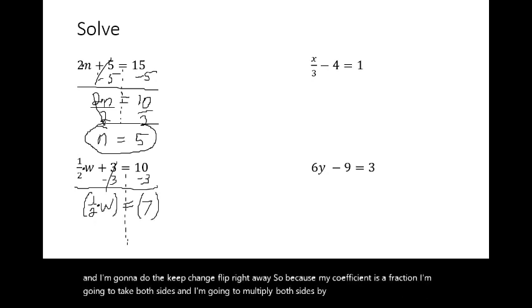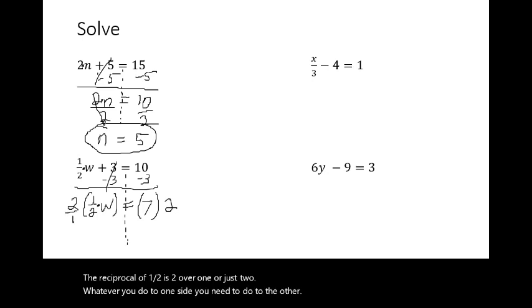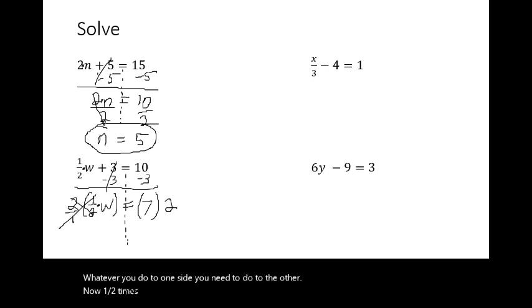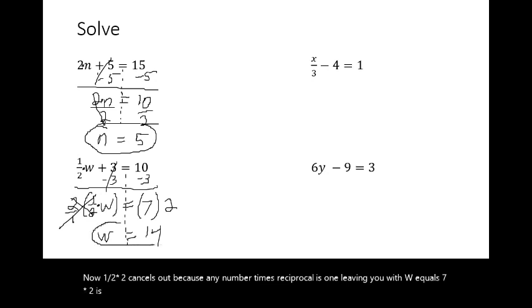The reciprocal of 1/2 is 2 over 1, or just 2. Whatever you do to one side, you need to do to the other. Now 1/2 times 2 cancels out because any number times its reciprocal is 1, leaving you with w equals 7 times 2 is 14. So w equals 14 is then your final answer.